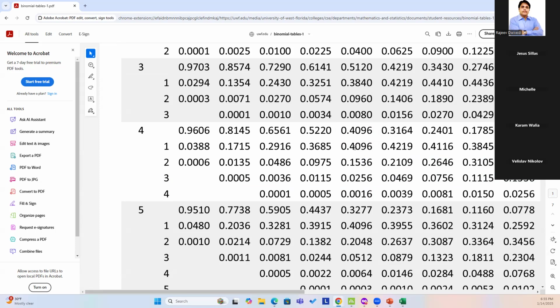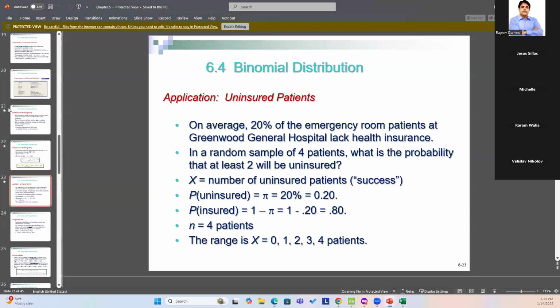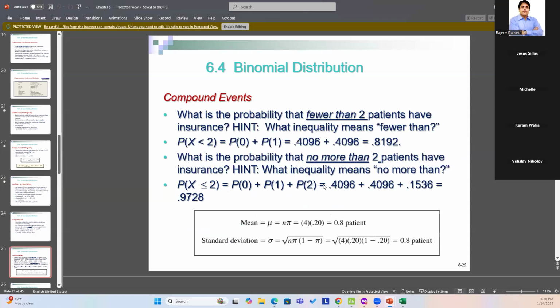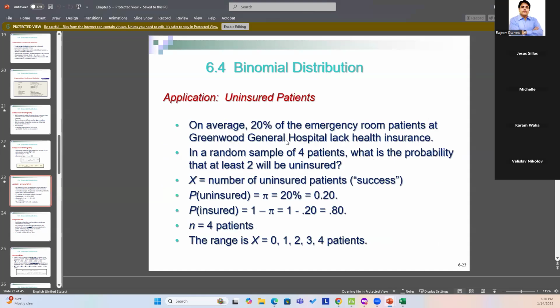So 40% plus 40%, which is about 82% are uninsured, because this value plus this value. And for no more than 2, it is 0, 1, and 2, and the total is 97%. So basically this is called compound event probability.